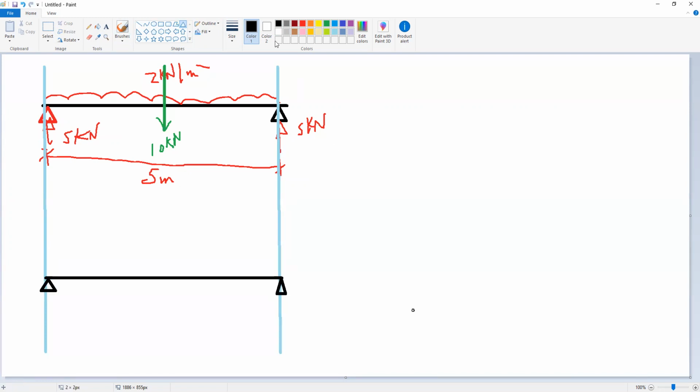To draw this moment, you should keep in mind: if we have a uniform load on a simply supported beam, the maximum moment will be at the middle. So our maximum moment will be somewhere here at the middle.